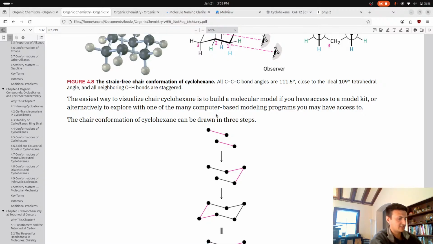Okay, I just had cyclohexane. Let's do it again. Okay, so 1, 2, 3, 4, 5, 1, 2, 3, 4, 5, 6. Okay.